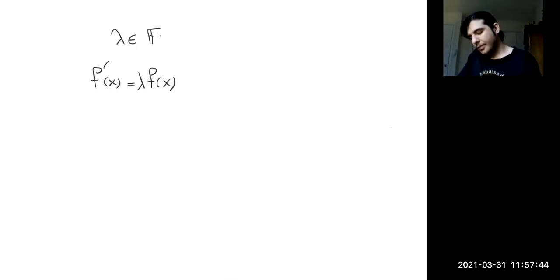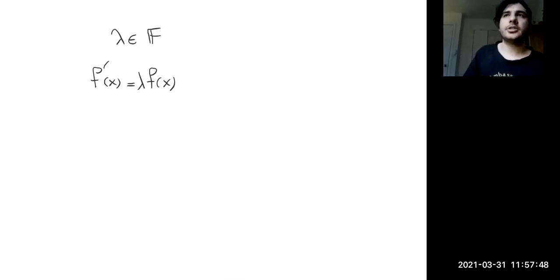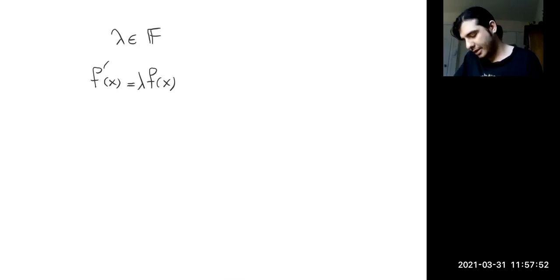But for the more general case, we want to solve this equation for lambda in the field F. So one natural guess would be just generalizing the exponential function.